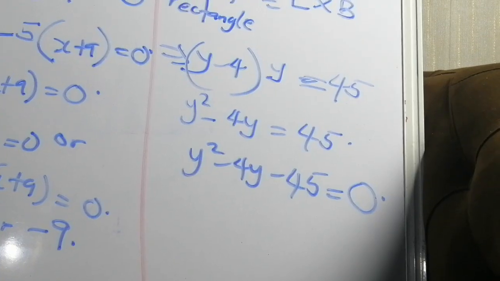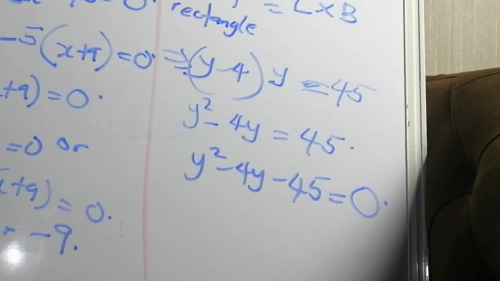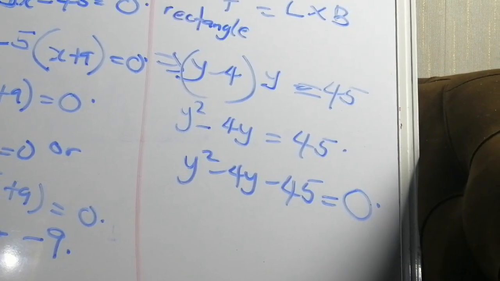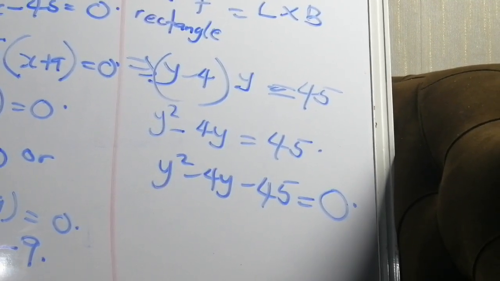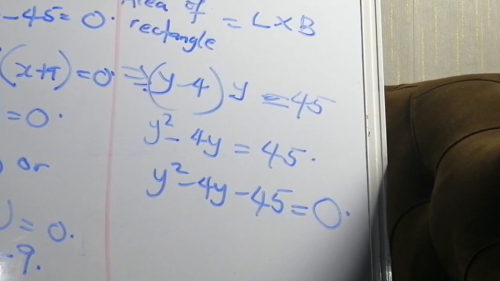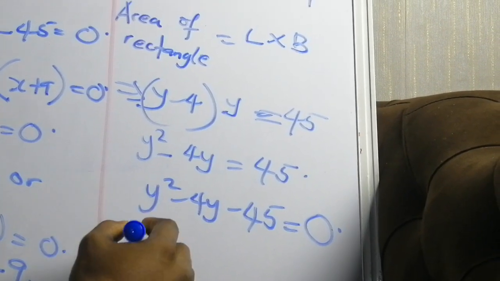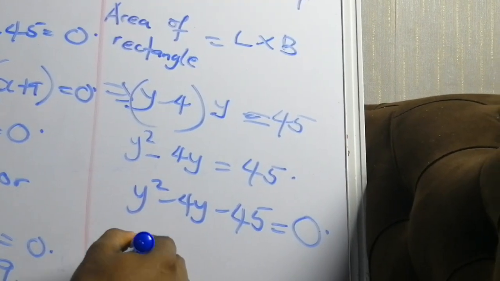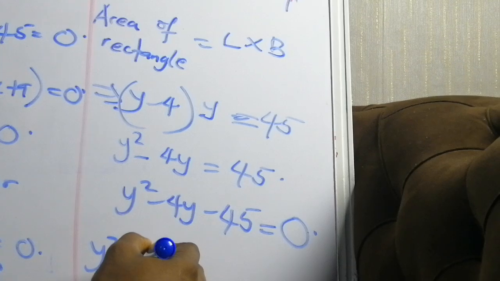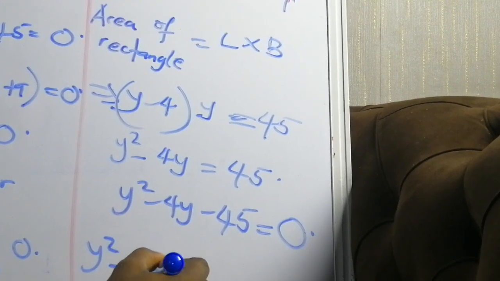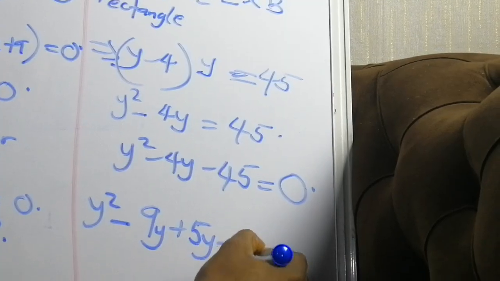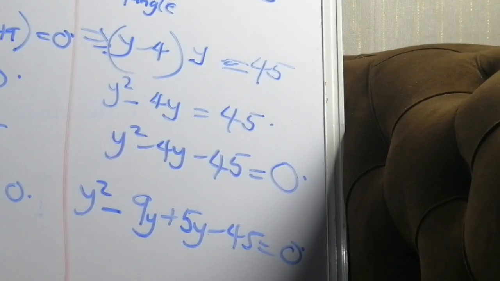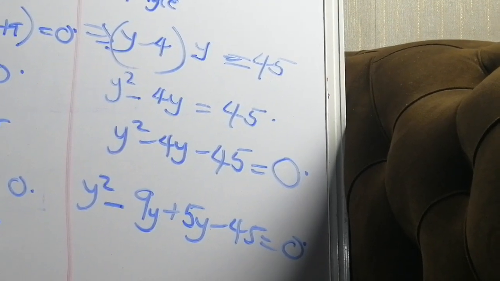I've mentioned in one of the parts, either part 1 or part 2, how to rearrange numbers to give you negative. So this is the same thing as y squared minus 9y plus 5y minus 45 equals 0. It's as simple as that.